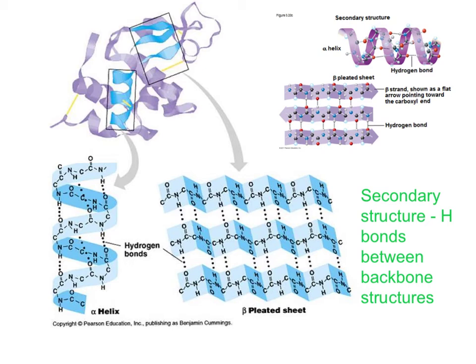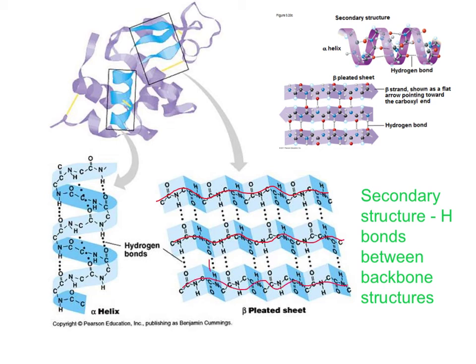And the secondary structure is going to be due to hydrogen bonds, and it's going to be hydrogen bonds between the backbone structures. So right through the middle, those carbons and nitrogens that made up my amine group and my carboxyl group and my central carbon right there in the middle, that's my backbone, not my R group. I don't care what my R group is right now. Okay, I'm just focused on the backbone.